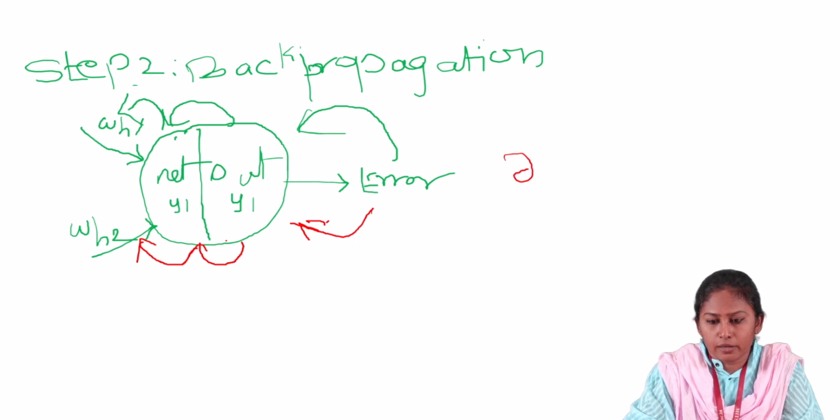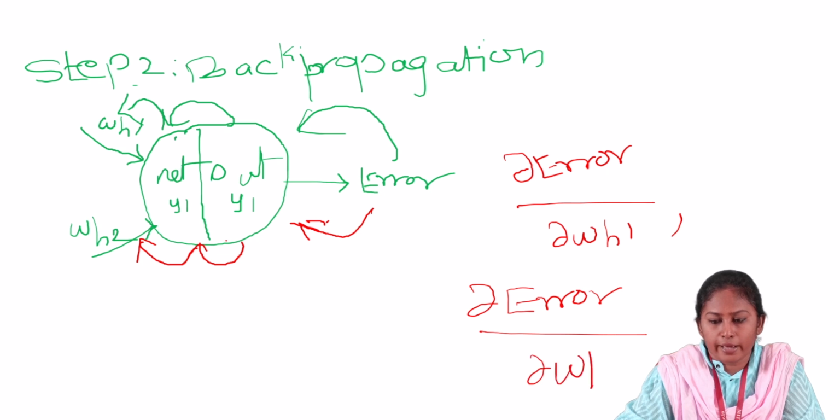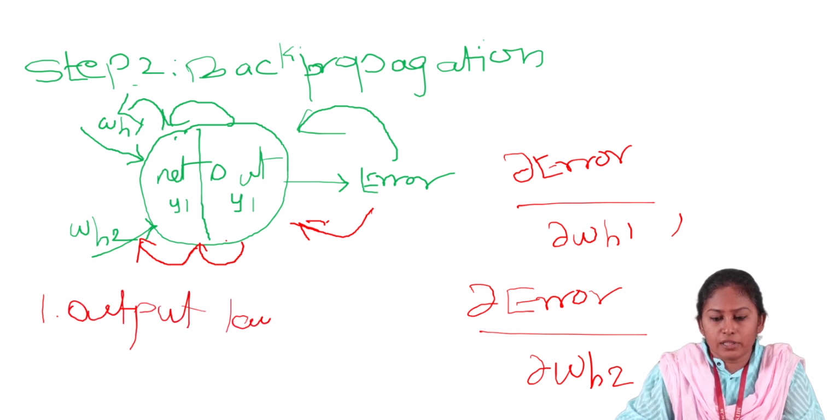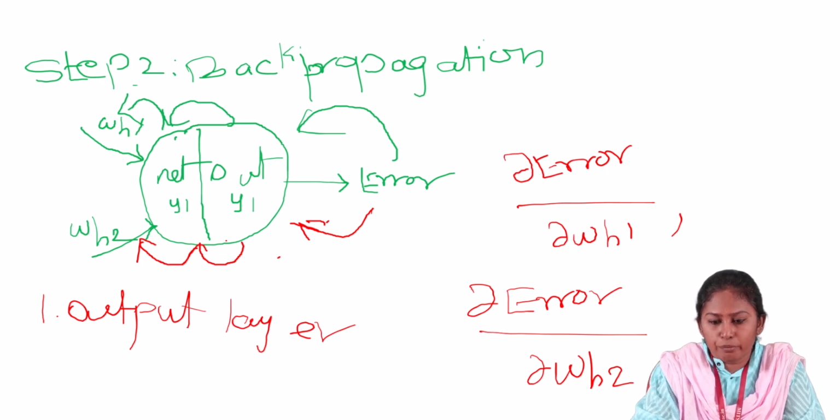So what we are going to calculate now is the total amount of error we got with respect to WH1, and the amount of error I got with respect to WH2. The first step in our backpropagation is the output layer, so I am going to work with the output layer: from error to out y1, then out y1 to net y1, net y1 to WH2. With this, I am trying to update the weights WH1 and WH2.